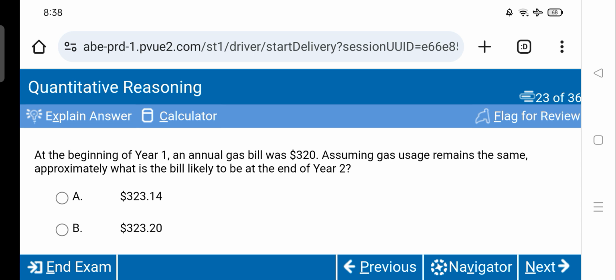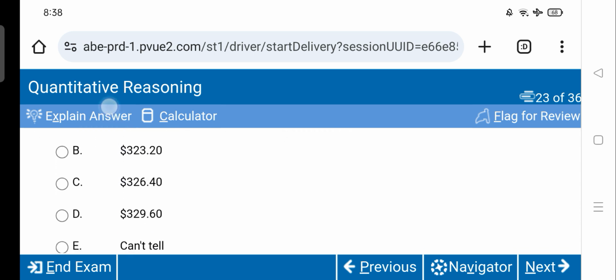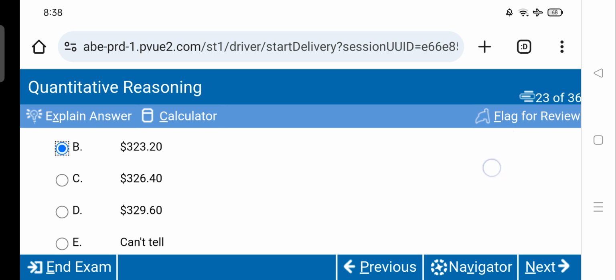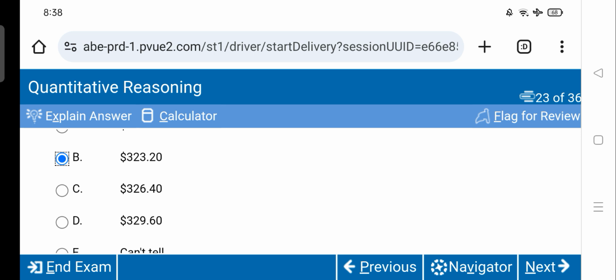Option A, $323.14. Option B, $323.20. Option C, $326.40.